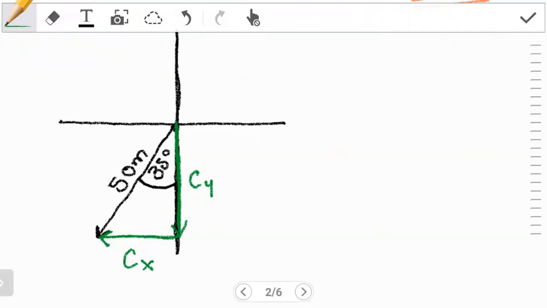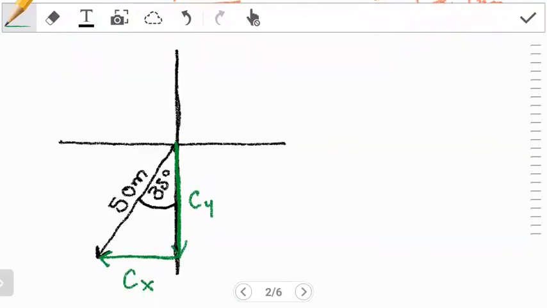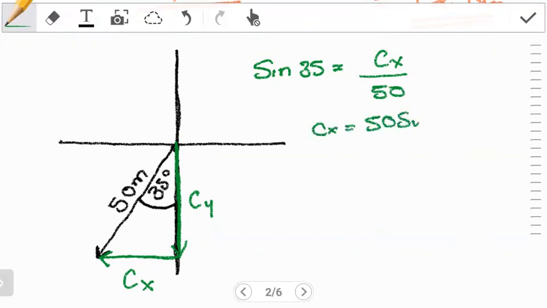So let's start with the x component. These two are opposite to each other, so we use sine. Sine 35 equals the opposite, Cx, over the hypotenuse, 50. Cross multiply, and we get Cx equals 50 sine 35.